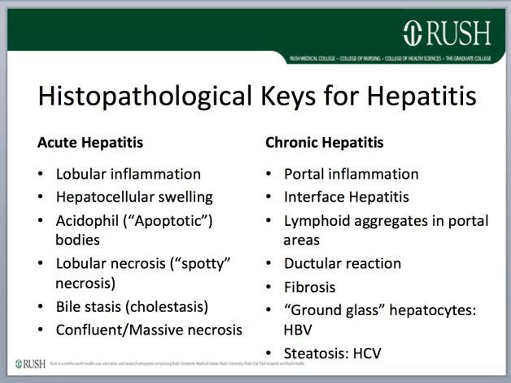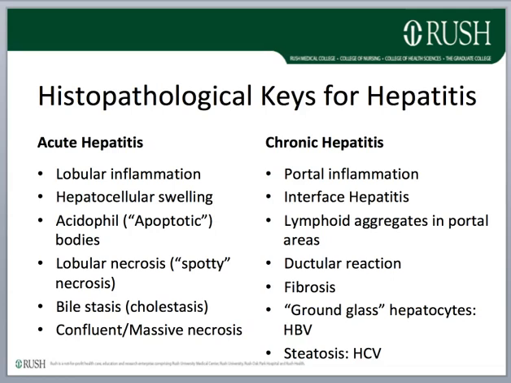With chronic hepatitis, the inflammation is focused on the portal areas, and this includes interface hepatitis, which is the border between the portal areas and the rest of the lobule. You can get the development of lymphoid aggregates in portal areas. With advanced chronicity, you can get ductular reaction and fibrosis, which begins in the portal areas and then extends as bridges to other portal areas or to the central vein, eventually forming nodules and cirrhosis.